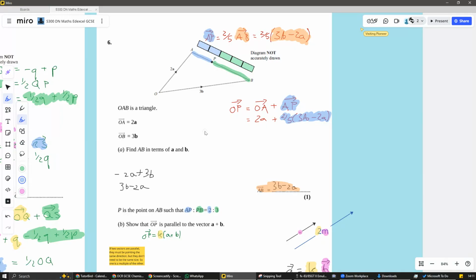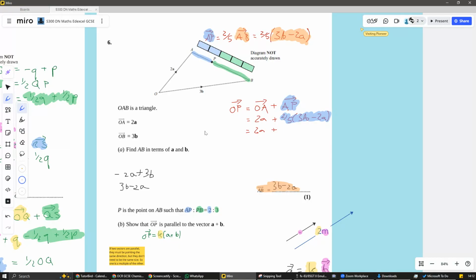Okay. So basically, just to recap then, O to P is the same thing as O to A plus A to P. I've worked out A to P as equal to all of this. And now we're just going to try to simplify this a little bit. So 2a plus, and we want 2/5 times 3b.